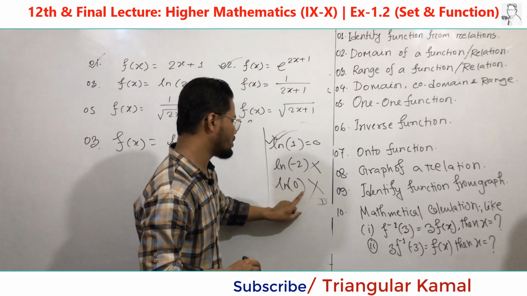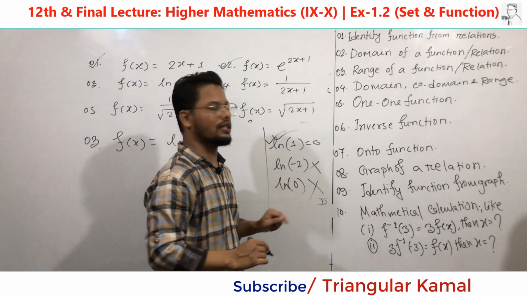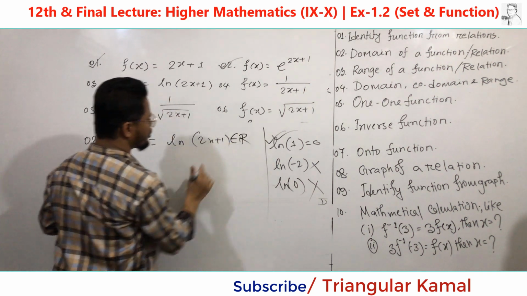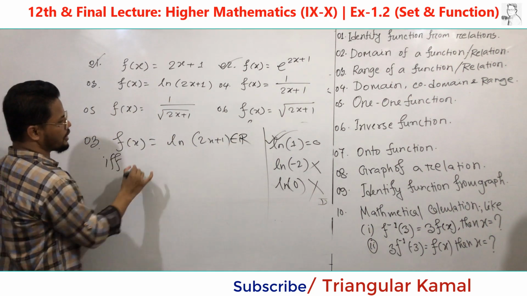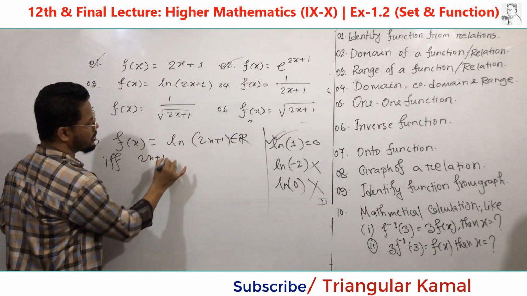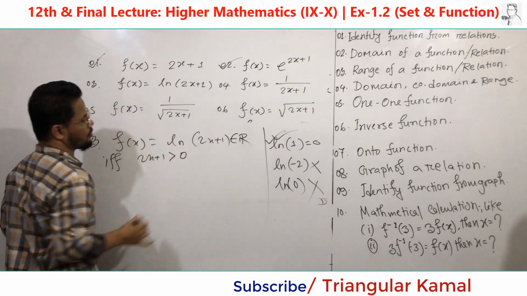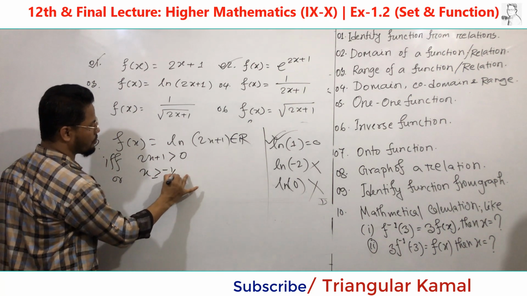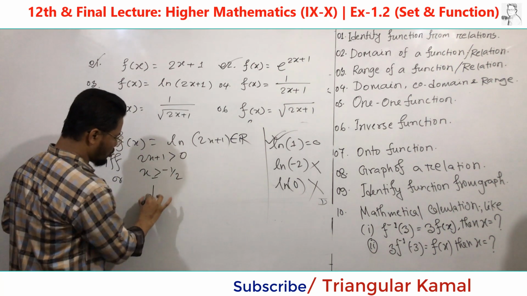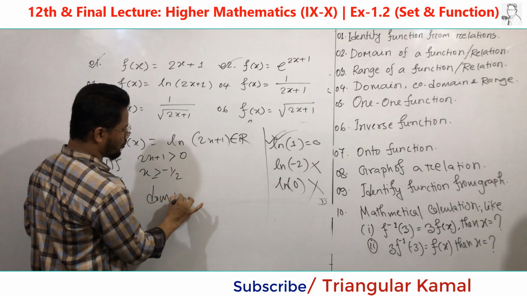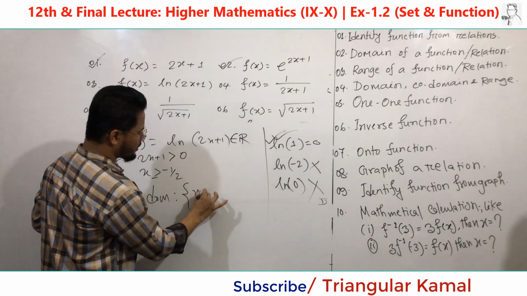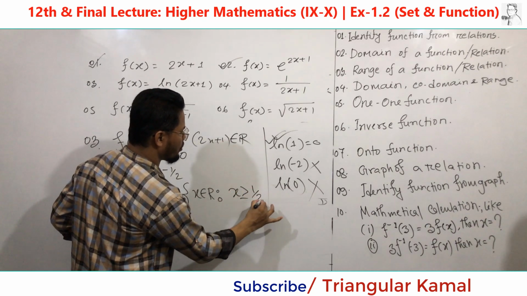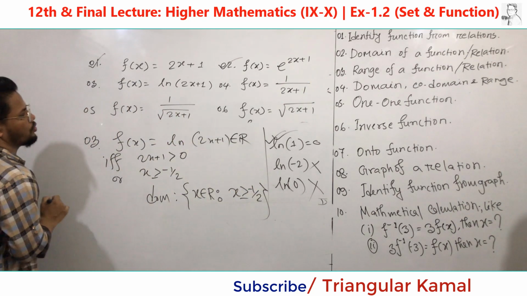Otherwise negative numbers and 0 will not give you a numerical value. So this is an element of R if and only if twice x plus 1 is greater than 0, or we can write x is greater than minus 1 by 2. So the domain will be x belongs to R and x greater than minus 1 by 2, and this is the domain.